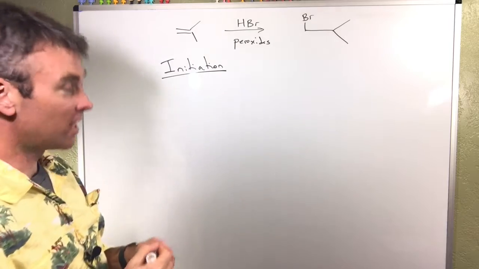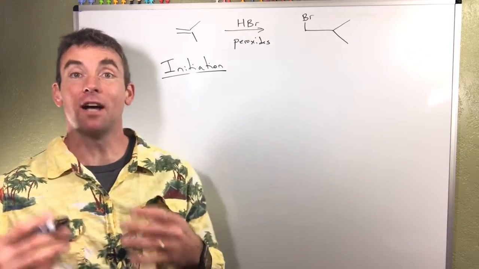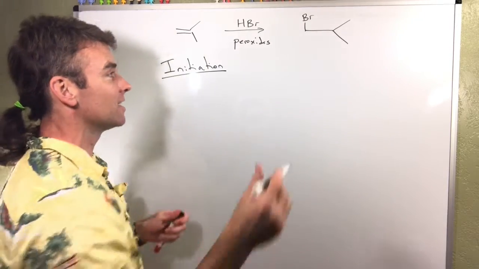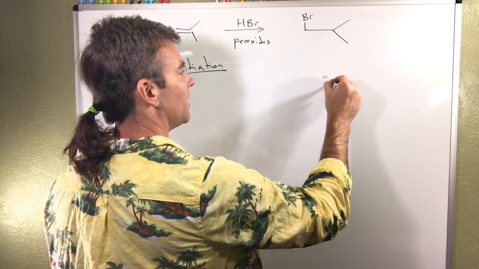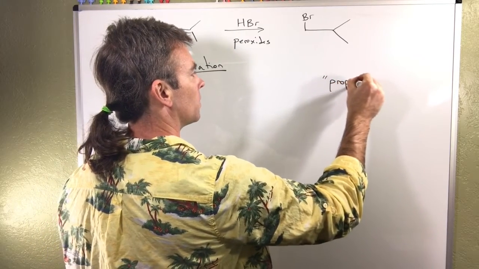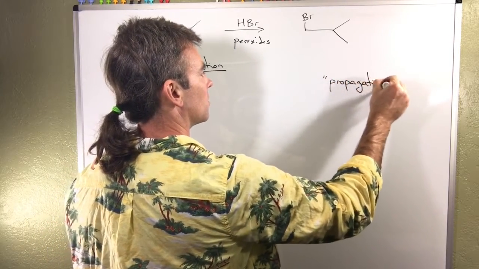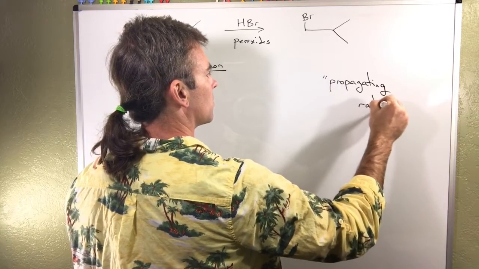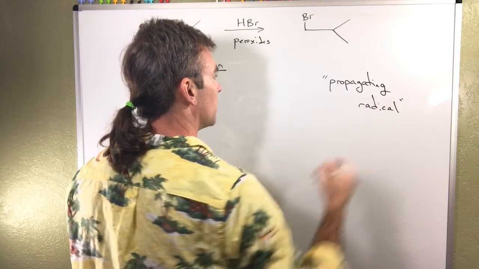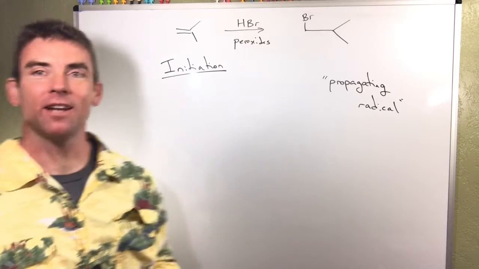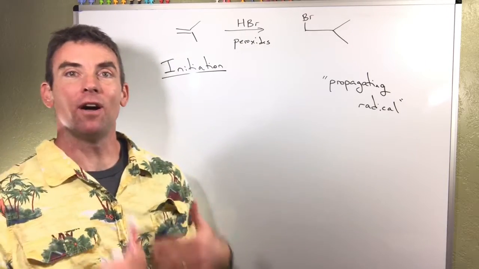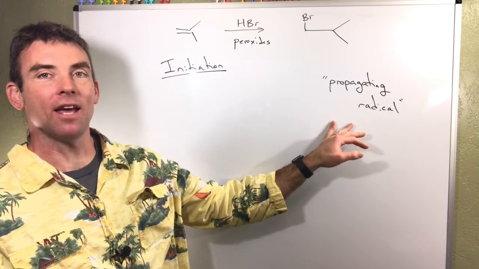It turns out that initiation is a step that's required to get to what's called a propagating radical. Just about every radical mechanism that we'll talk about involves the production of what's called a propagating radical.